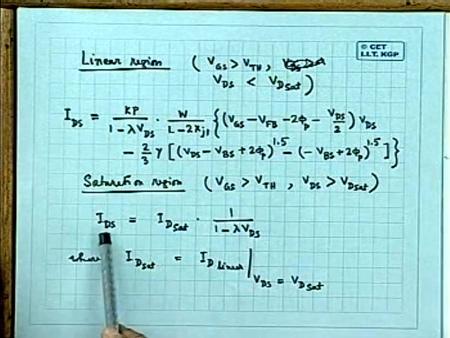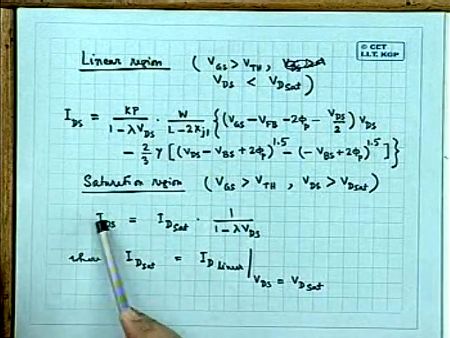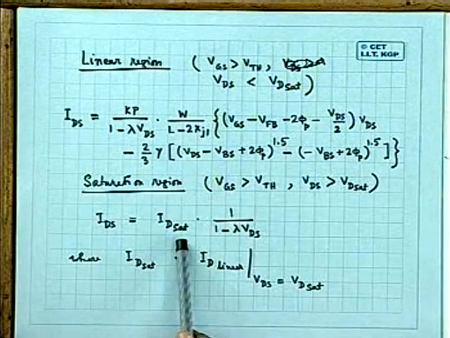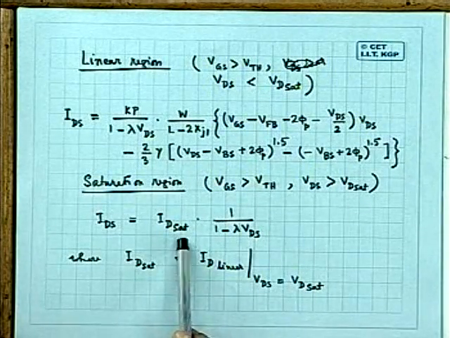You see that they model in the saturation the drain current as this. IDSAT is that point, that it is the current when VDS is equal to VDSAT.